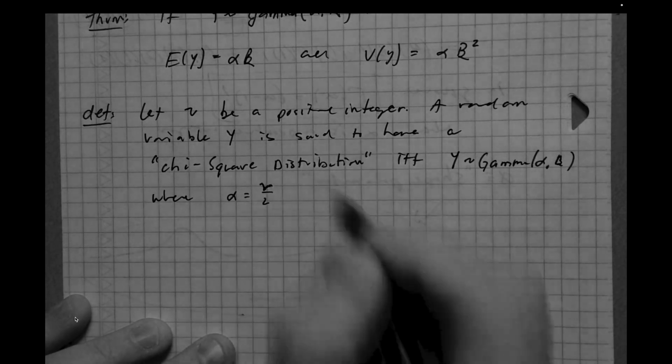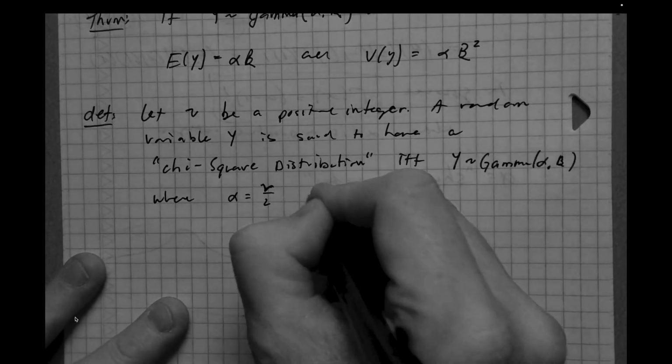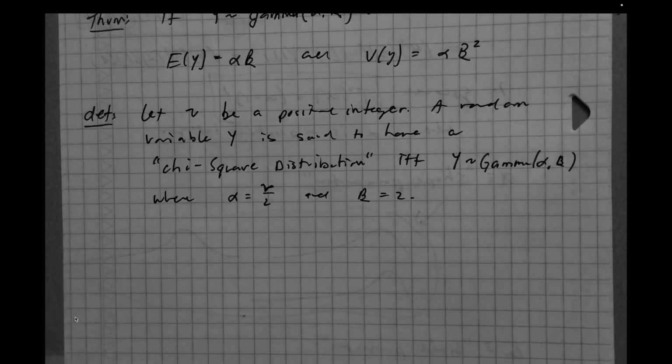So it's a positive integer divided by 2, and beta, the scale parameter, is equal to 2.